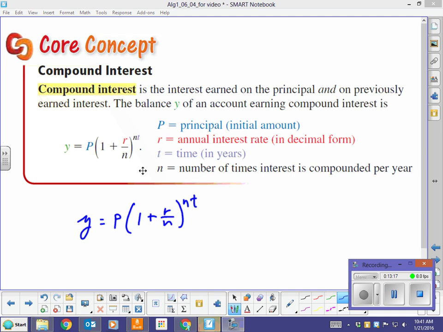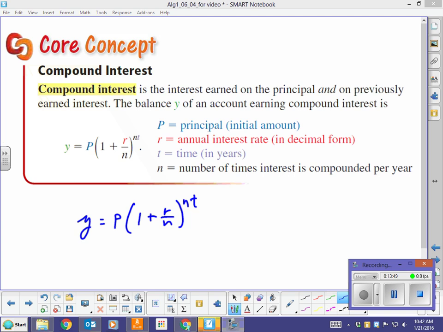So P is principal. This is your initial amount. 1 plus R here is the interest rate in decimal form. N is the number of times interest is compounded per year. So if it's compounded weekly, that would be a 52. If it's compounded monthly, that would be a 12. If it's compounded annually, that's 1. If it's compounded quarterly, that's 4. And then T is the number of time in years, how many years go by.